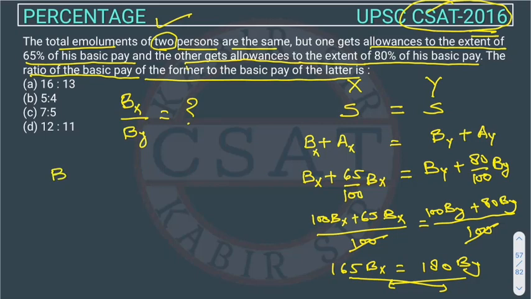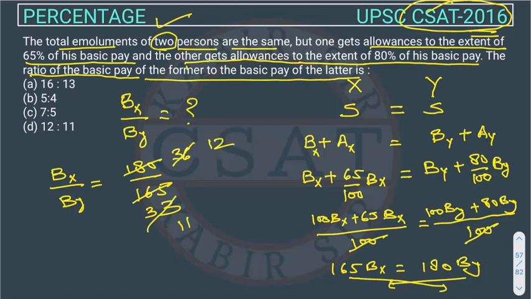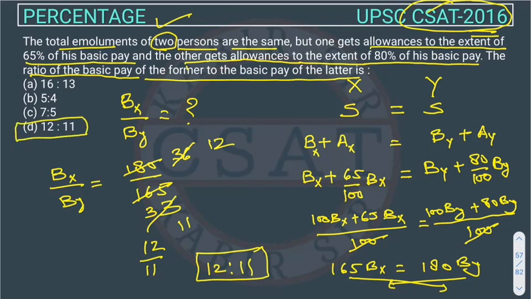So it will become bx upon by is equal to 180 upon 165, right? So from 5 we can cut this. From 3 we can cut this. Okay. So it will come out 12 upon 11, or we can write 12 is to 11. So the answer is option D.